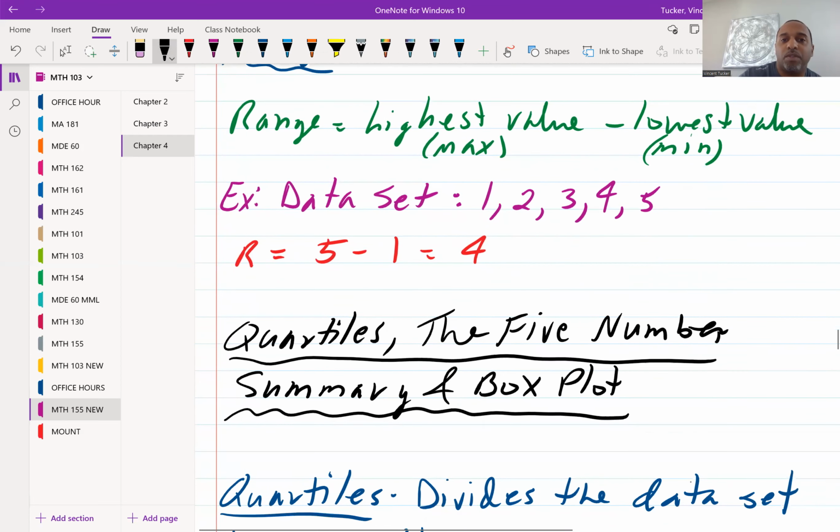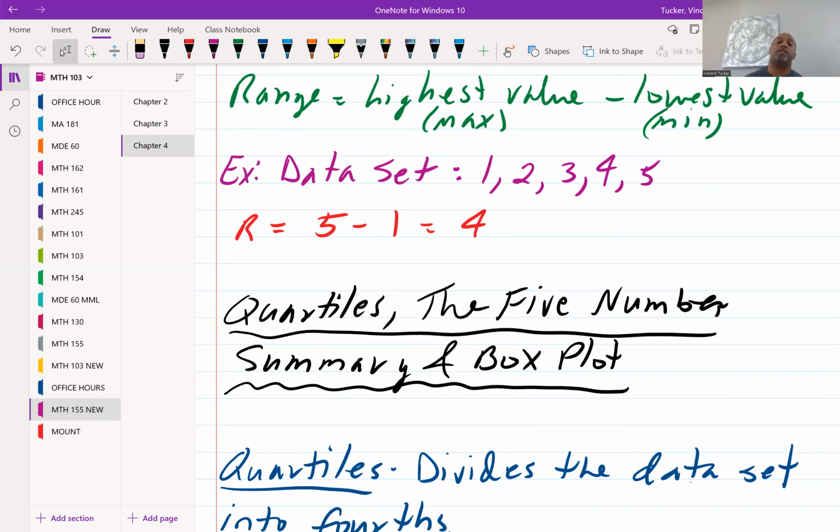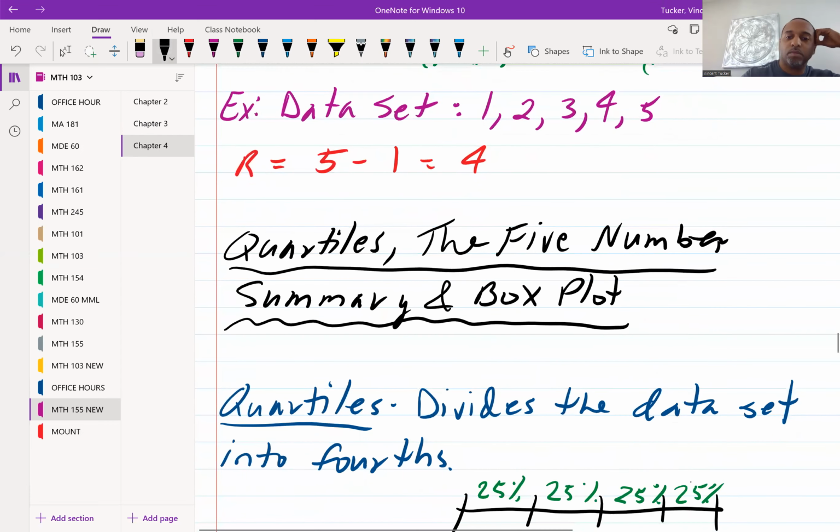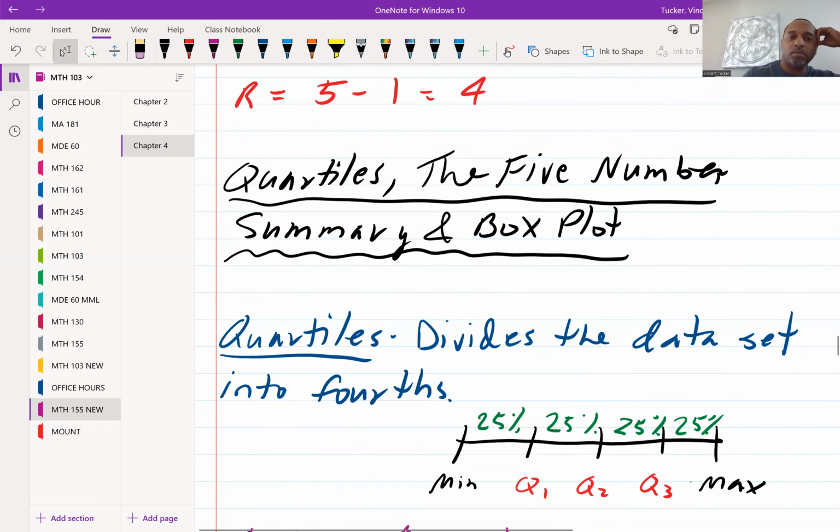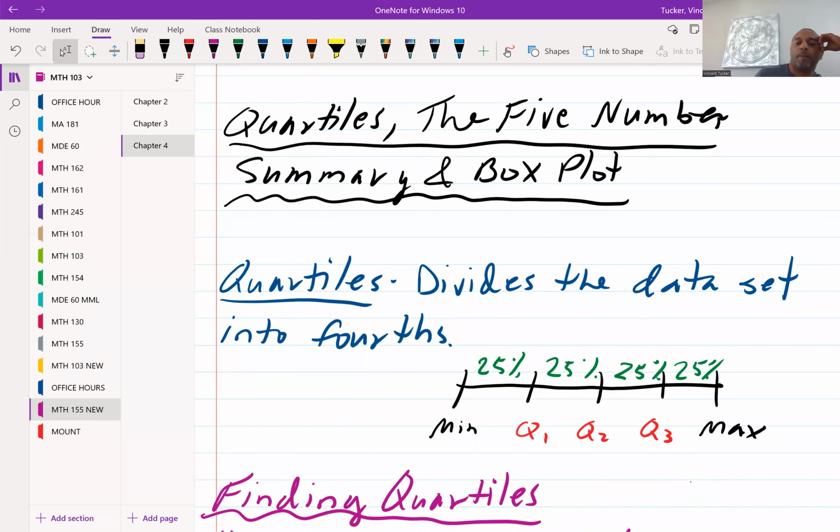All right, so next things, quartiles, the 5-number summary, and box plot. Your quartiles divide the data set into fourths.